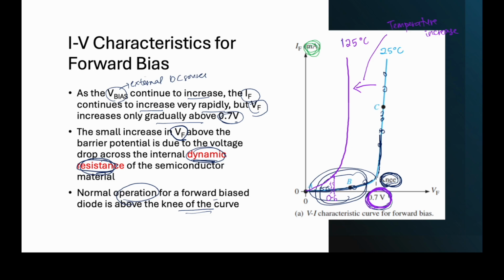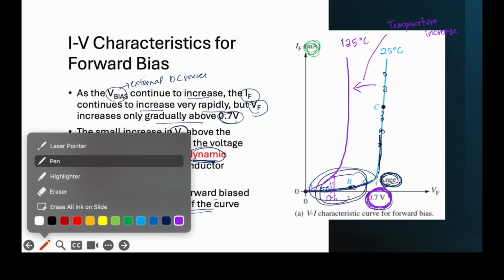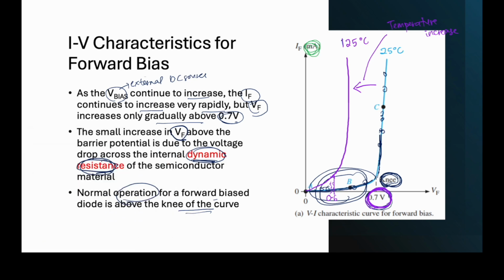So how about if you decrease the temperature? When you decrease the temperature, the graph will start to change to this side. Let's say this is negative 75 degrees.